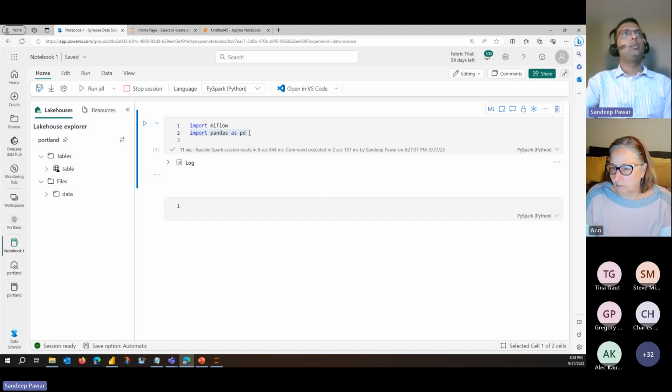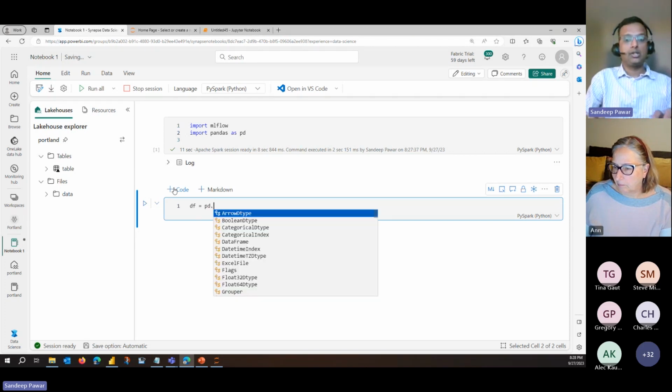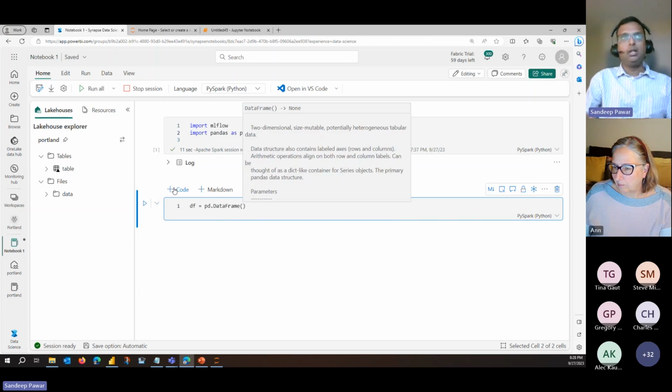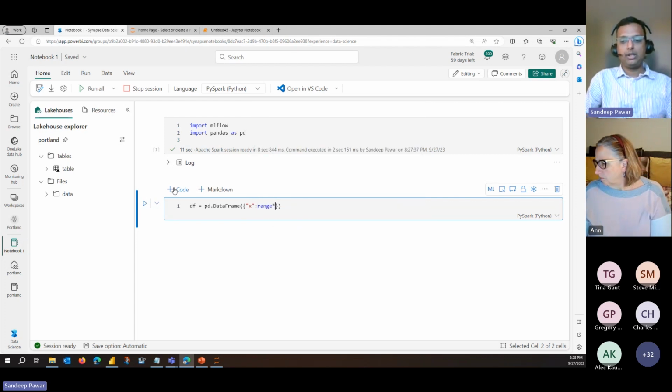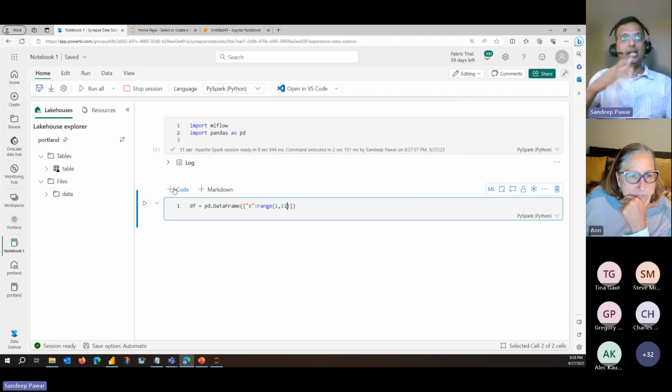So I've imported the MLflow library that I'm going to use and pandas, and we need some data to experiment with. The data that I'm going to create is something very, very simple, with just two columns. The first column, X, is numbers from 1 to 10. I'm saying 11, so it's 10.